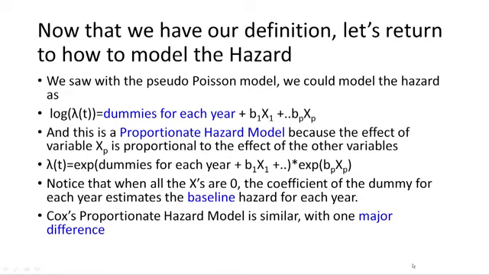Okay, so now we have a definition. Let's talk about how we model the hazard.